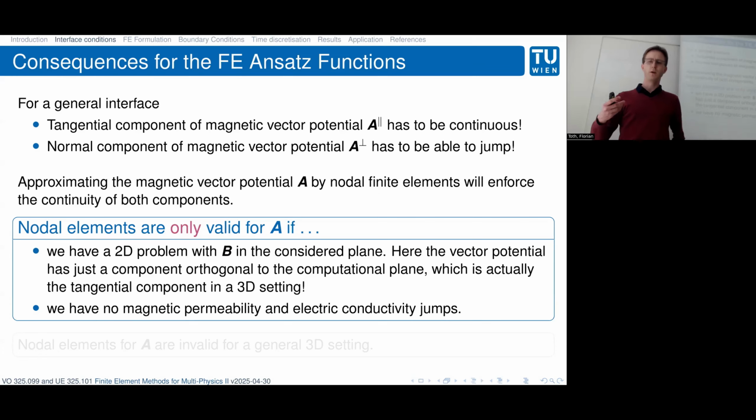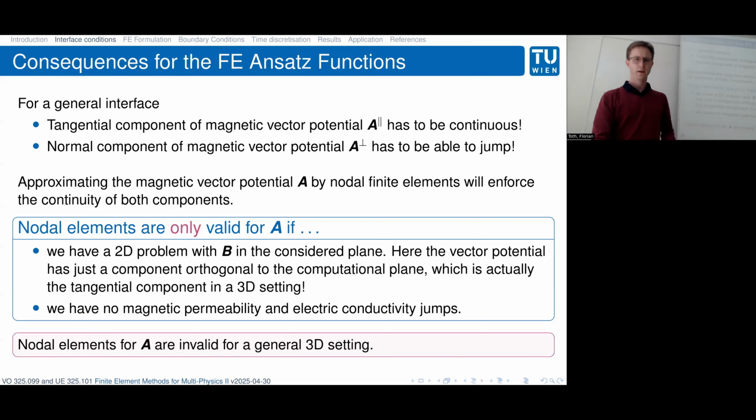So nodal elements will only be valid in a 2D setting. Here, the vector potential that we consider is actually only the third component, so the tangential component pointing out of the computational plane, or if we don't have any jumps in magnetic permeability or electric conductivity. But this also is not the general case. So in general, nodal elements are invalid in a 3D setting.